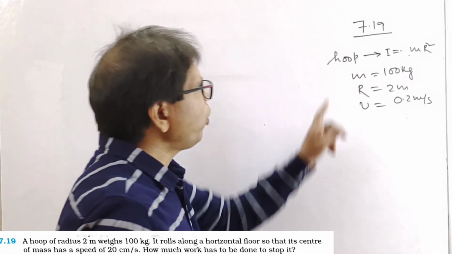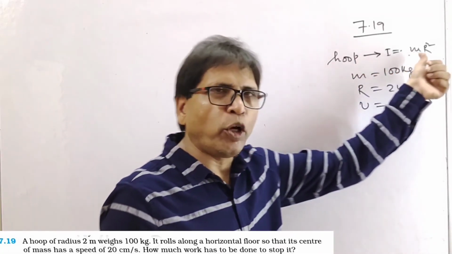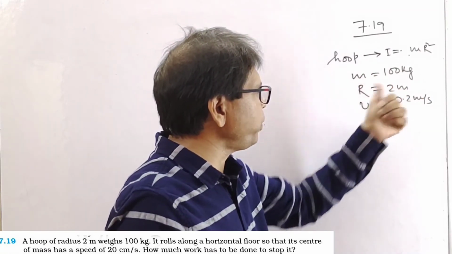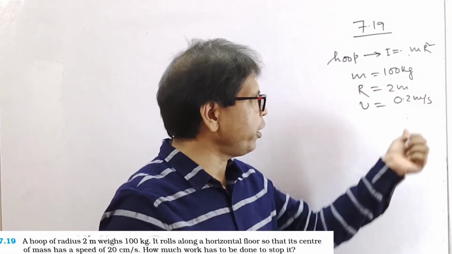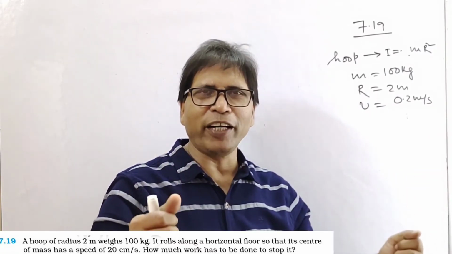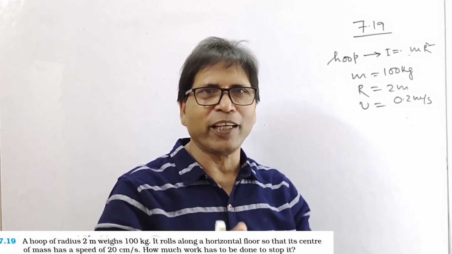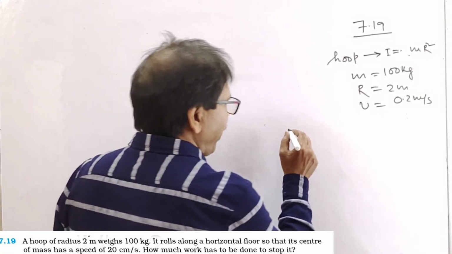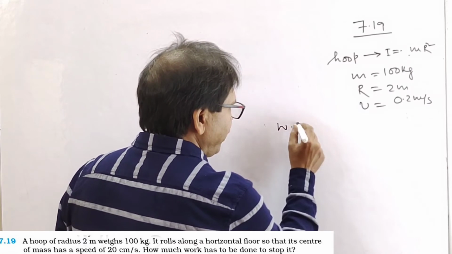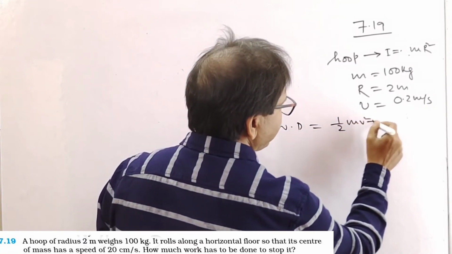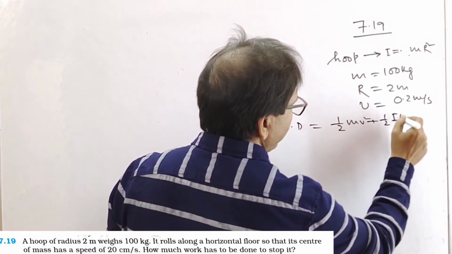Okay, now look at this, a hoop of moment of inertia mr², mass 100 kg, radius 2 meter, rolls with velocity 0.2 meter per second. We have to calculate the work done to stop it. The work done to stop it is equal to the change of kinetic energy. So work done is half mv² plus half Iω².